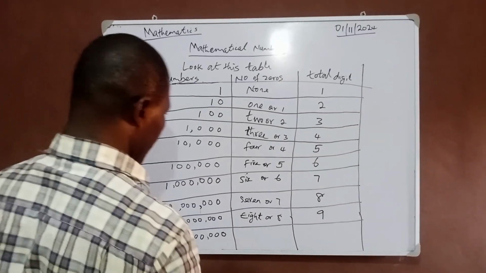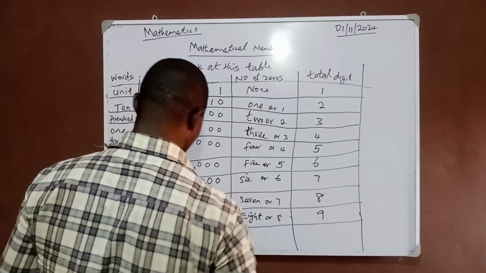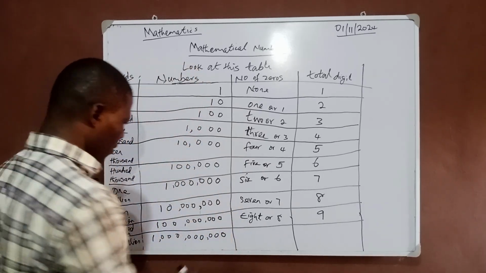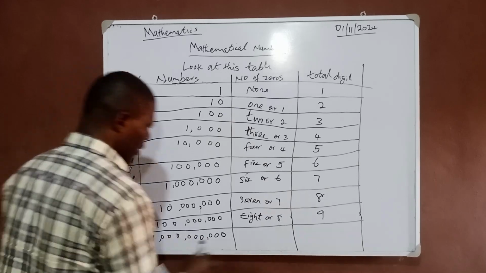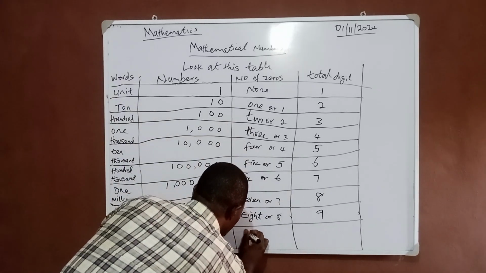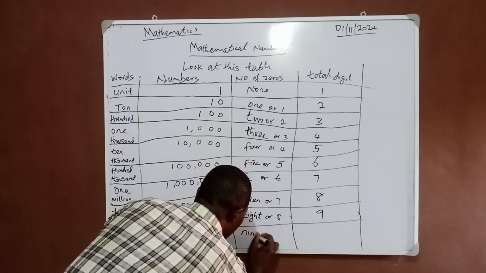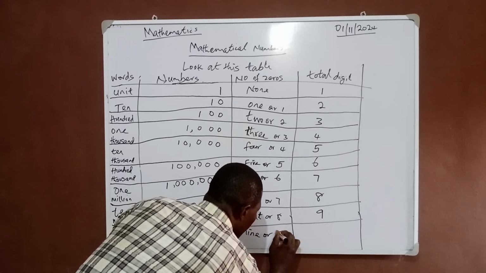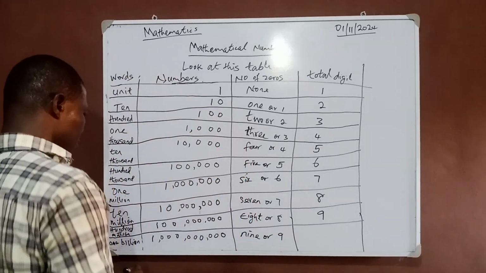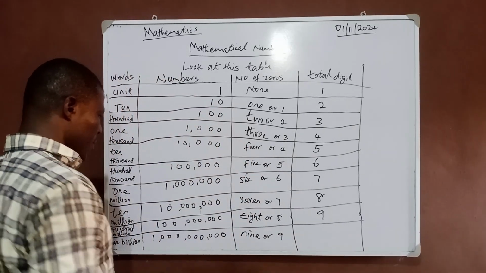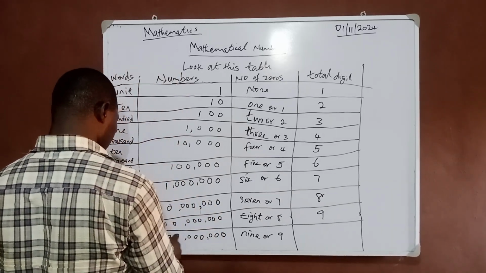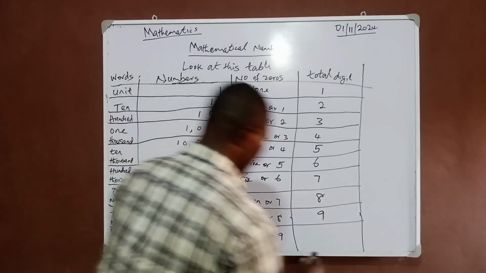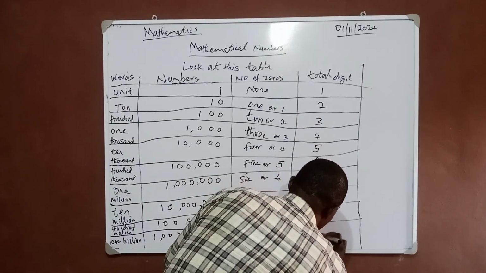This is 1 billion. How many zeros are here in this 1 billion? 1, 2, 3, 4, 5, 6, 7, 8, 9. You have 9. How many digits do we have in this 1 billion? 1, 2, 3, 4, 5, 6, 7, 8, 9, 10. You have 10 digits.